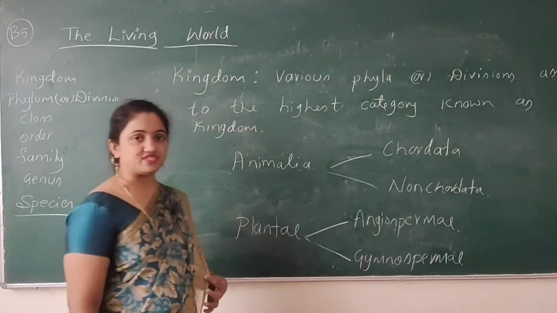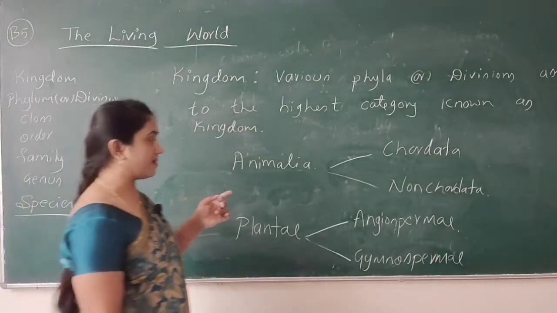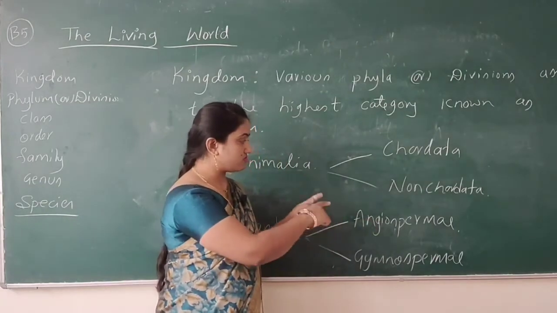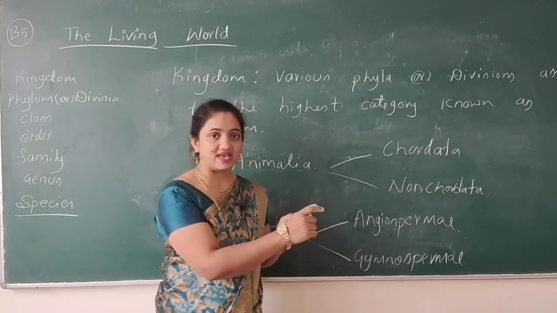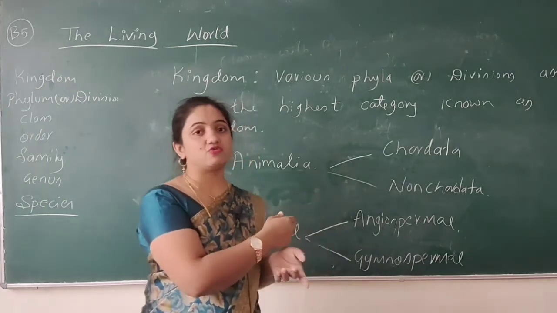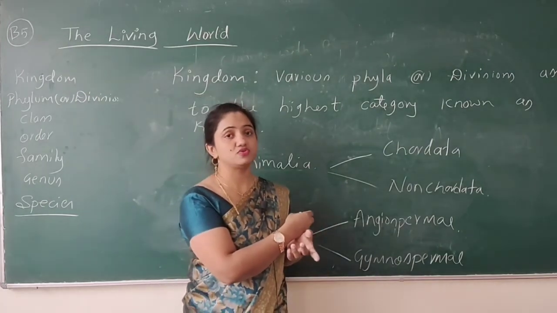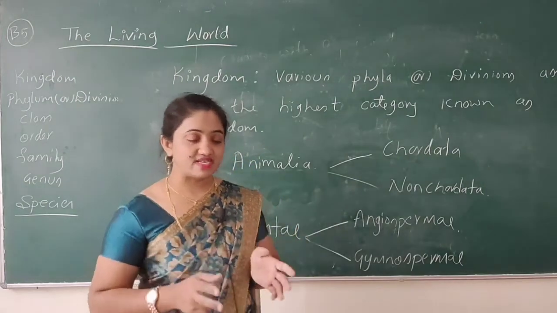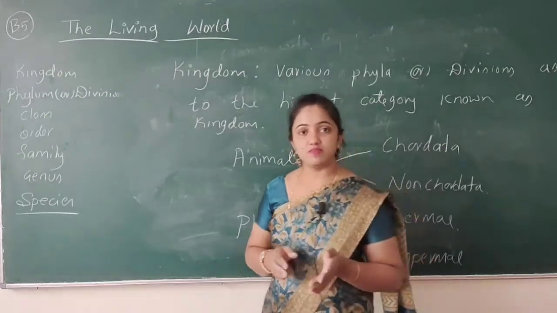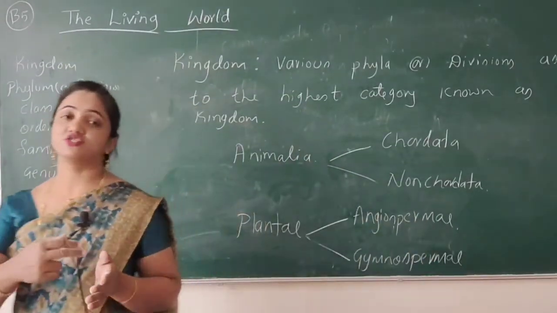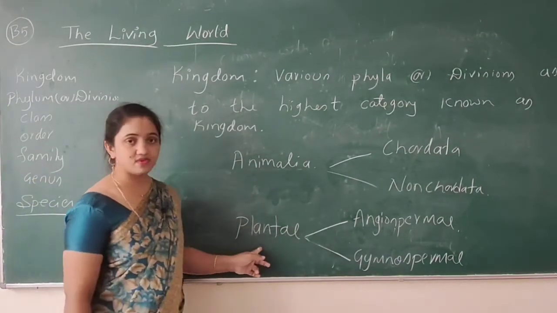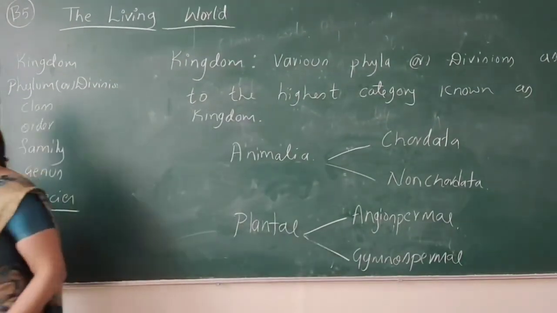But because these both divisions have a similar character, what is that? They are known as producers. What are they producing? Food. Because of the production of food, they come under the same kingdom. What is that? Kingdom Plantae.